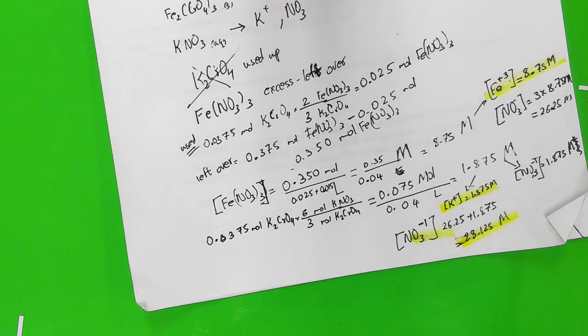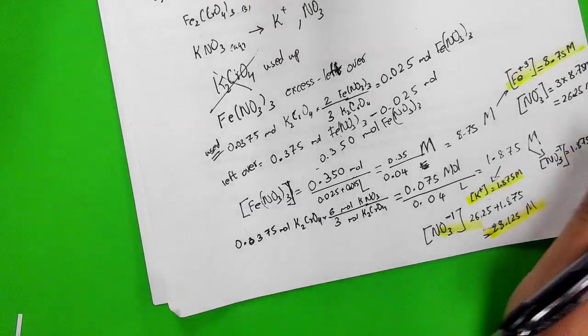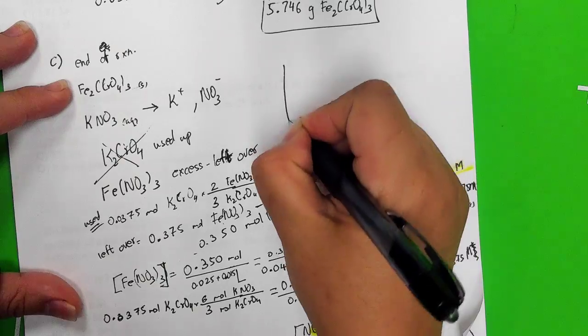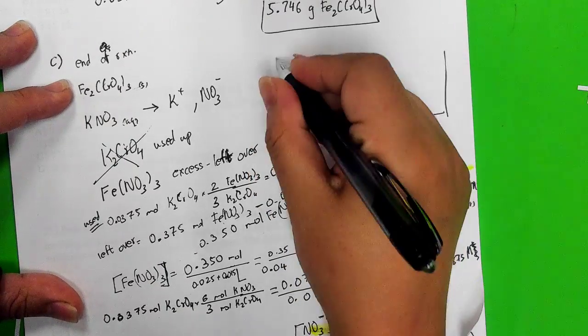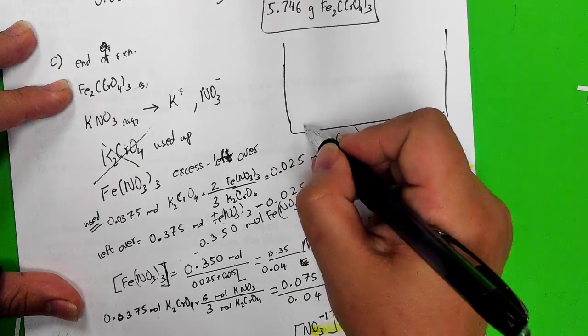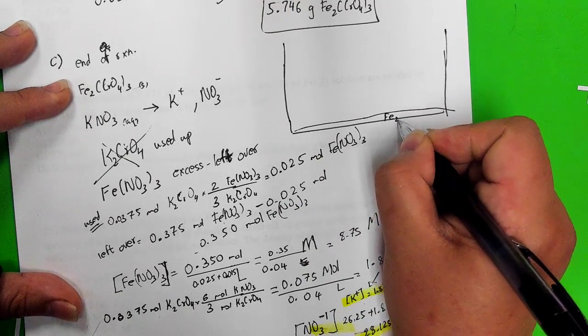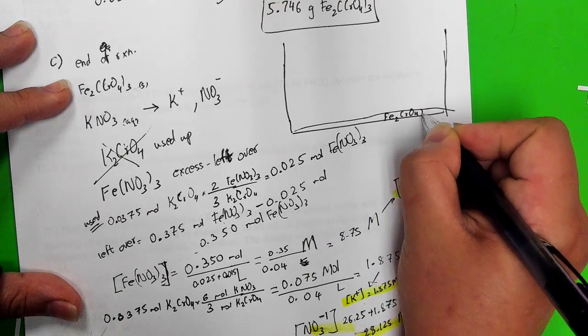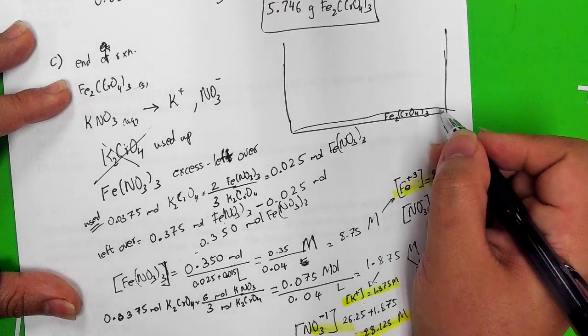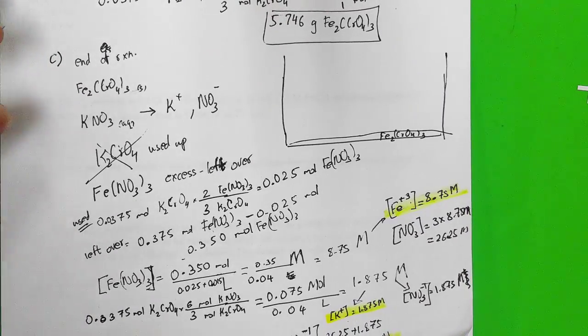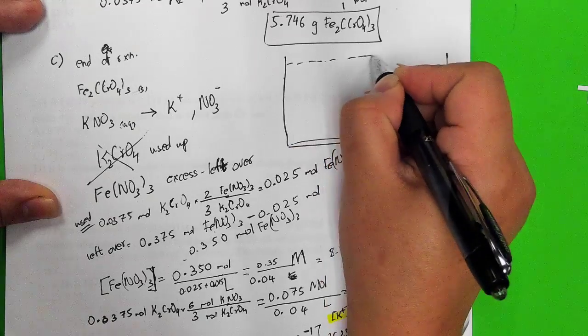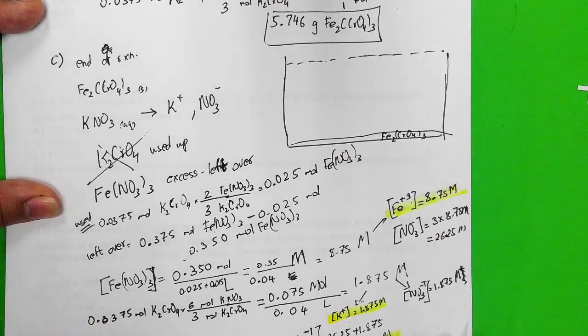Now, if you're looking for the answer in terms of drawing, you can also draw these as easily. You're just going to draw a solution, okay, and then you're going to draw some kind of dirt on the bottom. That is Fe2(CrO4)3, the one that is not soluble, okay. And then you're going to draw plenty of liquid there. That's a liquid, and then you're going to draw the rest of the iron.